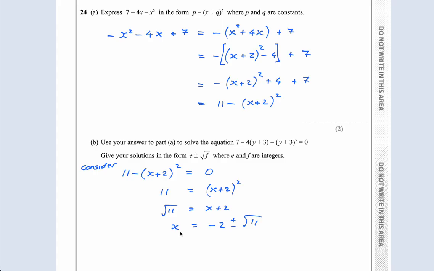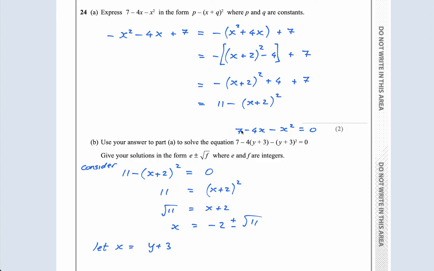But for this equation, x is actually y plus 3. So I'm going to say let x equal y plus 3. Because it's, look, it's like 7 minus 4x minus x squared equals 0. This is the same as this, except x is y plus 3.